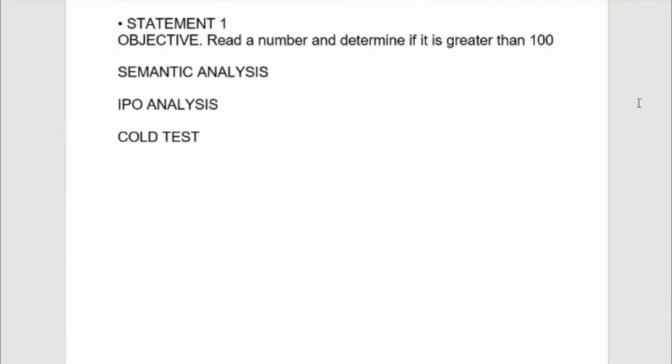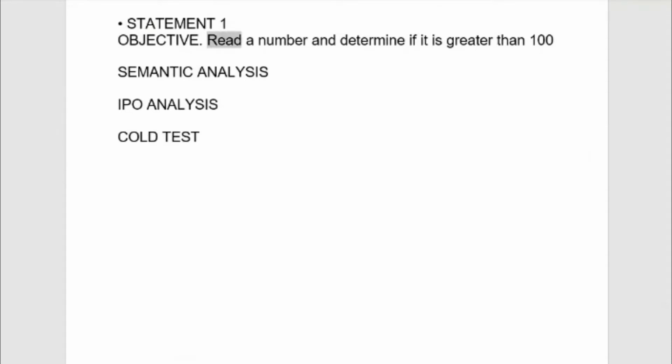Let's see this example. The objective: read a number and determine if it is greater than 100. So again, what is the semantic analysis? This is very easy. First, you need to define what is read.